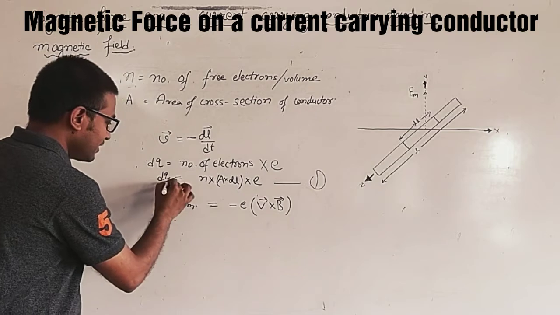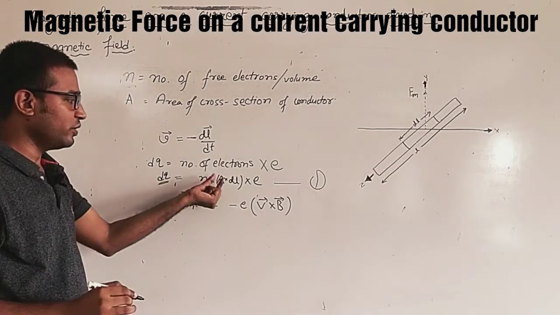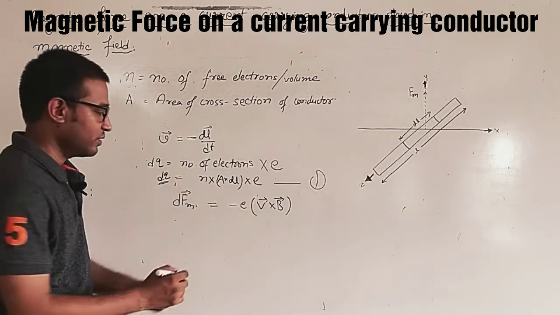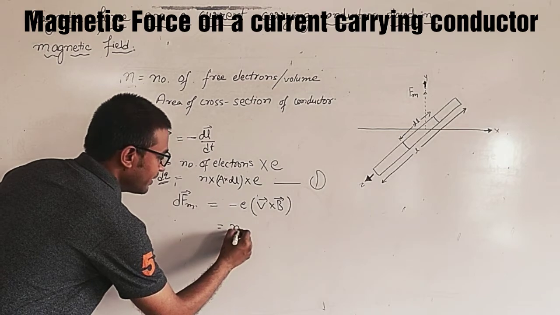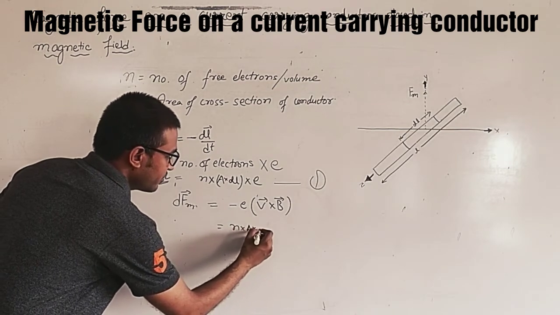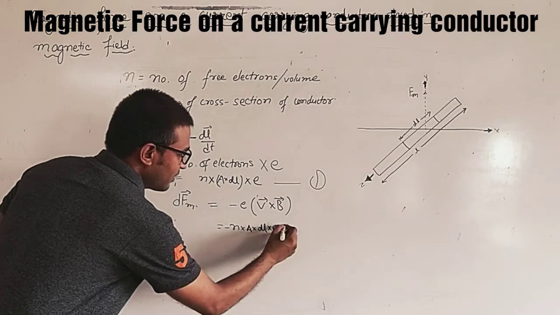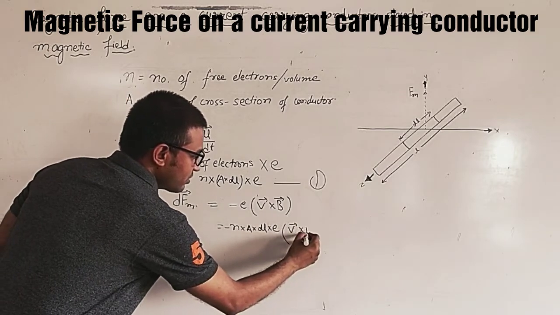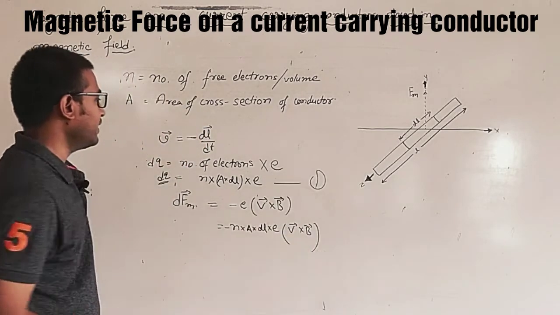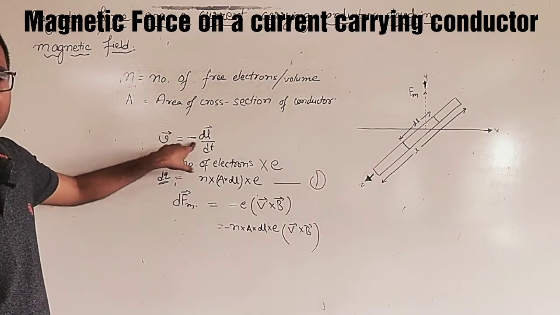So the total charge is n into A into dl into e. Just putting this value, n A dl e, with a negative sign, v cross B. But again, what is v? v is equal to minus dl by dt.